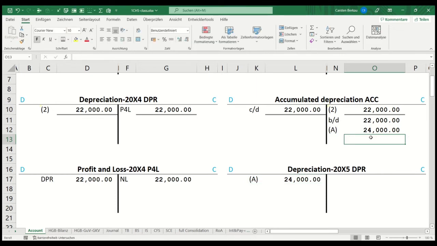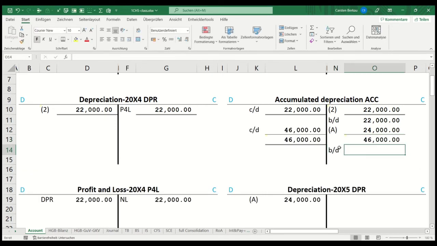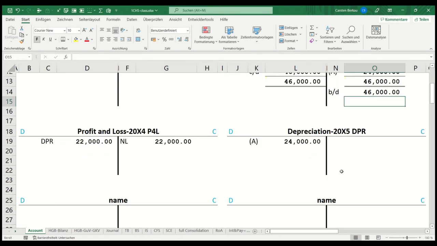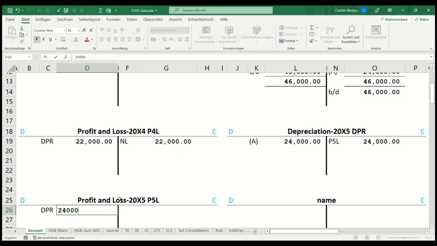Next we balance off the accumulated depreciation account. Again, depreciation is closed off to the profit and loss account for the accounting period 2005. So the value of 24,000 will be considered as a net loss, as we did not recognize any revenue so far.